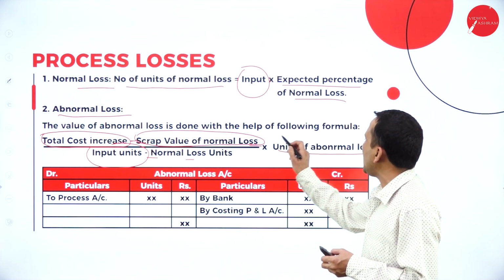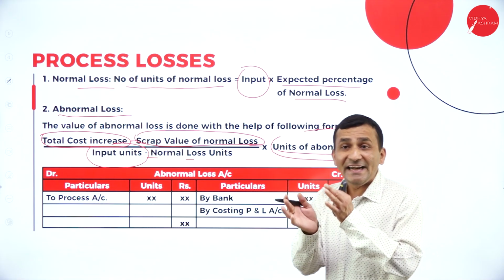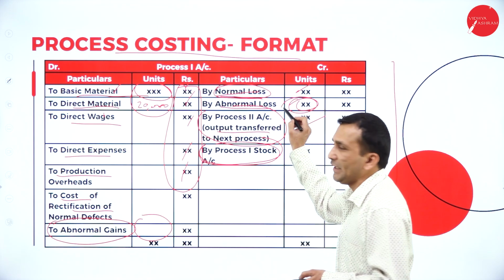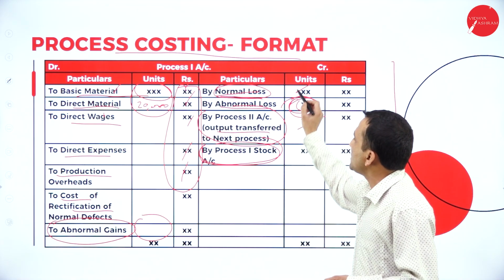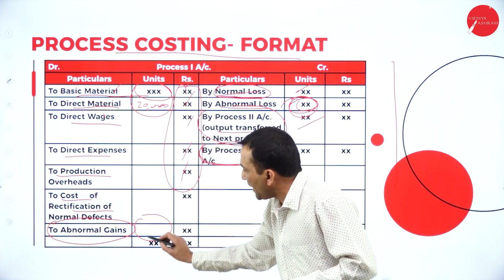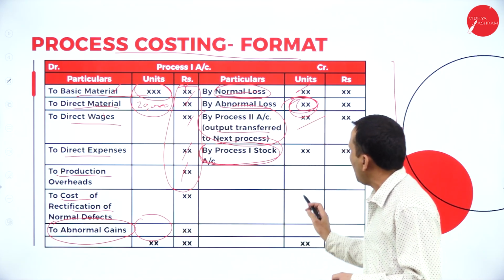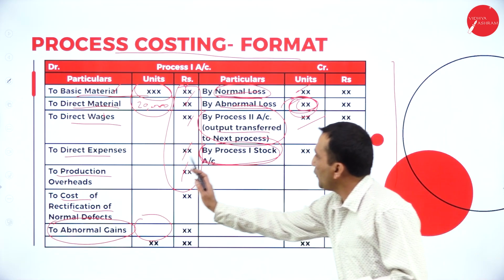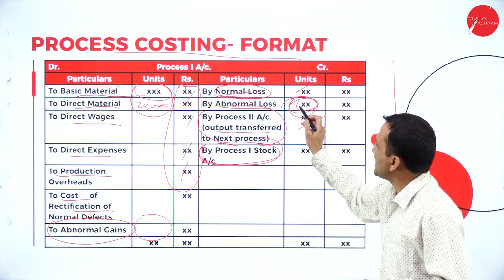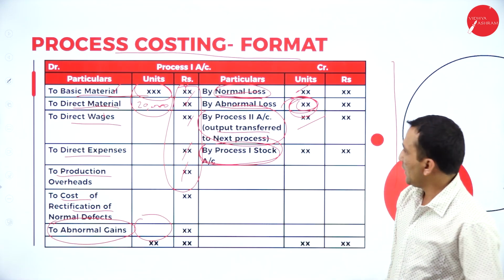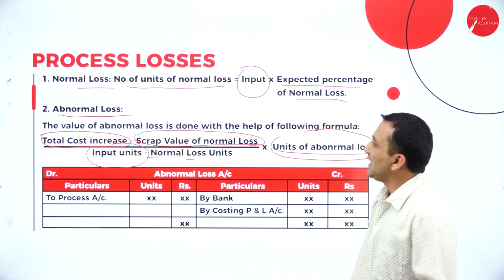Abnormal loss is exactly where we are finding the credit side balance. The credit side balance is the number of units by which the debit side is more compared to the credit side, which we identified as abnormal loss. That is what we need to multiply.